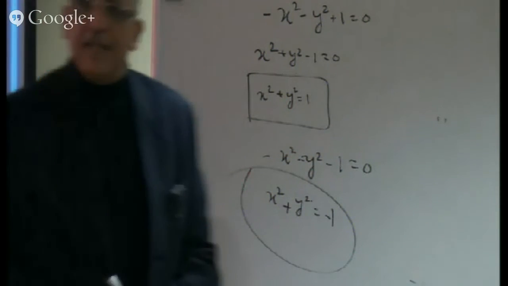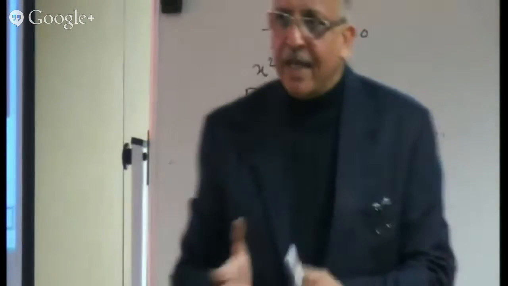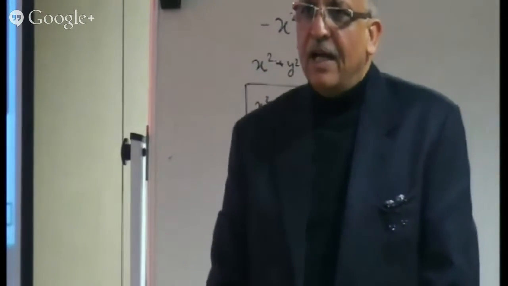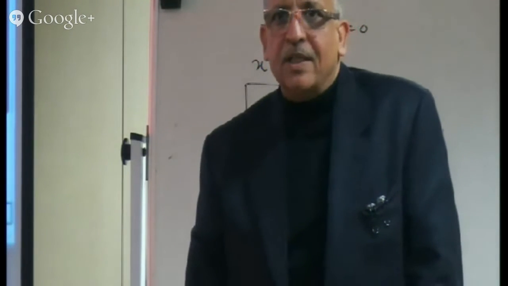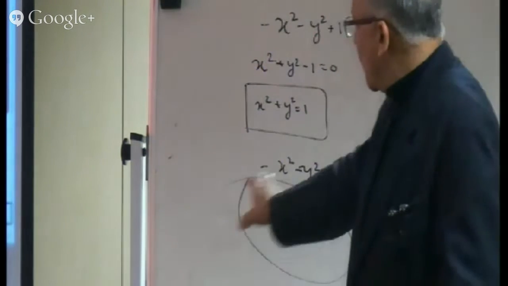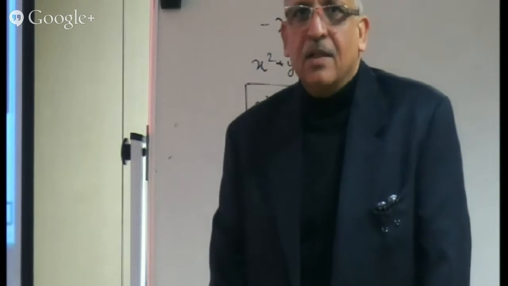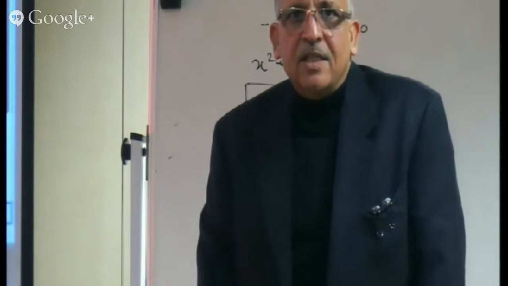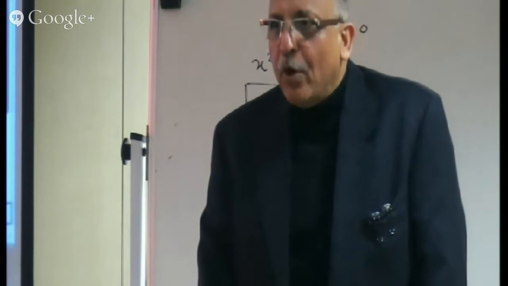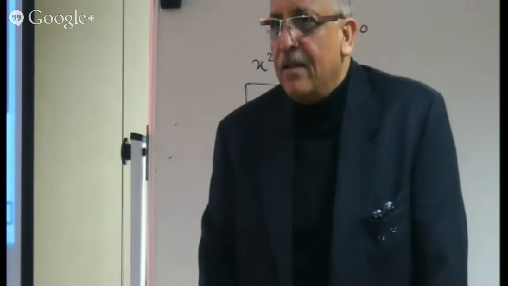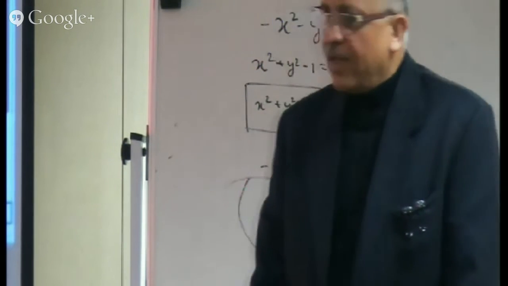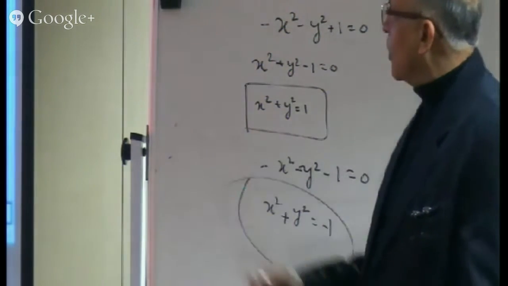But if you are given that it is representing a conic section and you are asked which particular conic section it is, that means this situation will not occur. x square plus y square equal to minus 1: no point on the xy plane satisfies this equation. So let's see one more question.